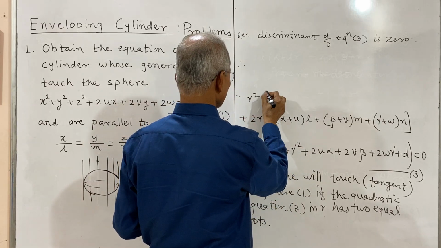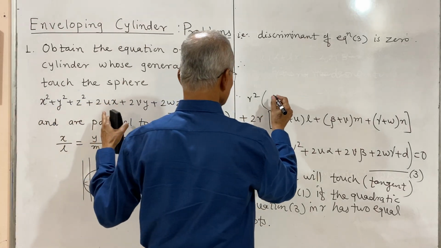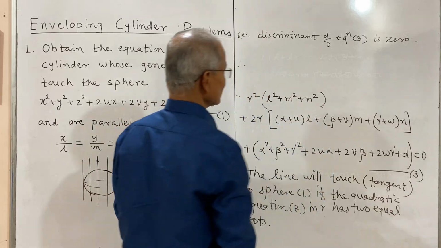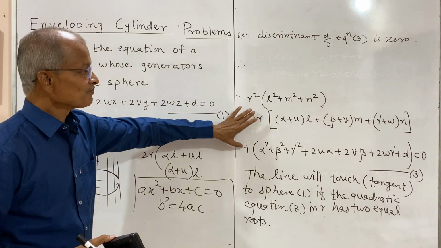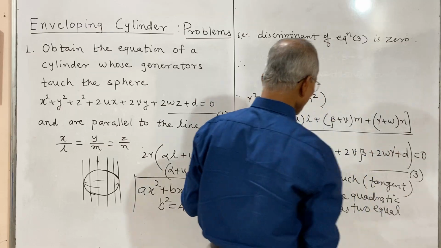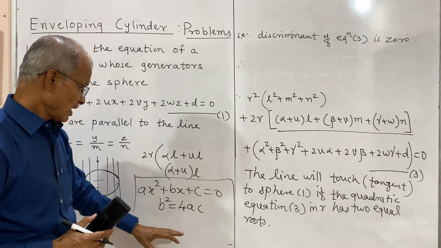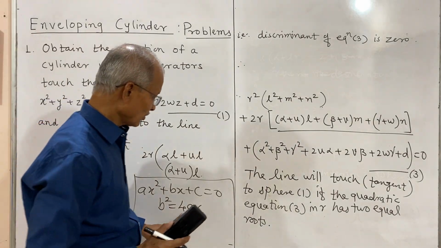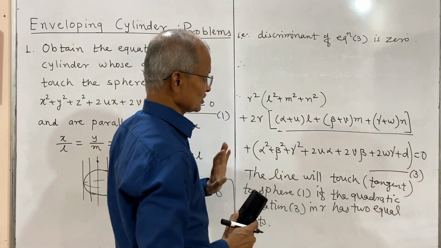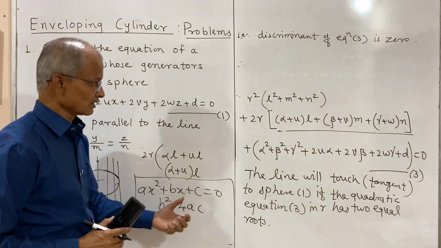It is r square into the bracket L square plus m square plus n square. This was there, and we have to refer to this now. So this is the value of b. The 4 will cancel on both sides: square of 2 is 4, and on the right side there is also the term 4, so that will cancel. And the square of this is equal to the product of these two, that is a into c, the coefficient of the square term and the constant.